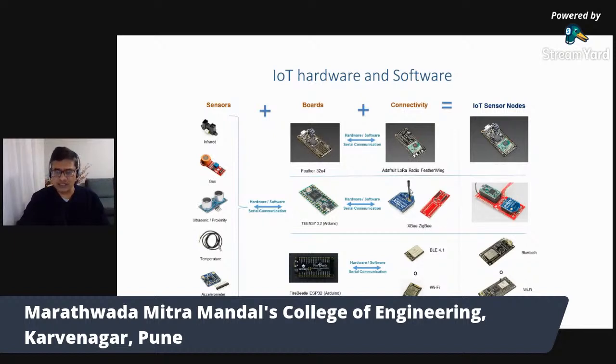You can see here I have my Zigbee board, I have my Bluetooth, low power Bluetooth, or I have my Wi-Fi board. On the top, you can see I can use a long range communication module as well, which is a LoRa module. I'll discuss this.